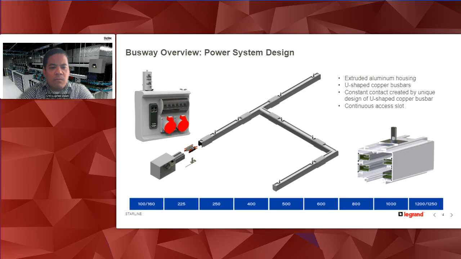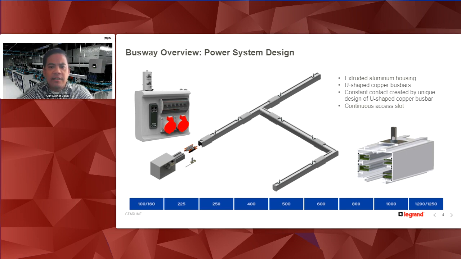So, just one more slide on the busway overview. I think two things to note here. One is the design. It is an extruded aluminum housing that houses copper conductors inside, both your L1, L2, L3, your neutral, and your ground.